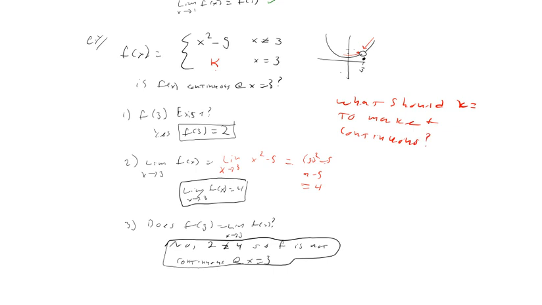If there was a blank spot, what should k be equal to so that this function is connected smoothly? Who has an idea? What should the point be? Where should I be to fill this hole, to fill the space here? What should k equal if I did want to make it continuous?